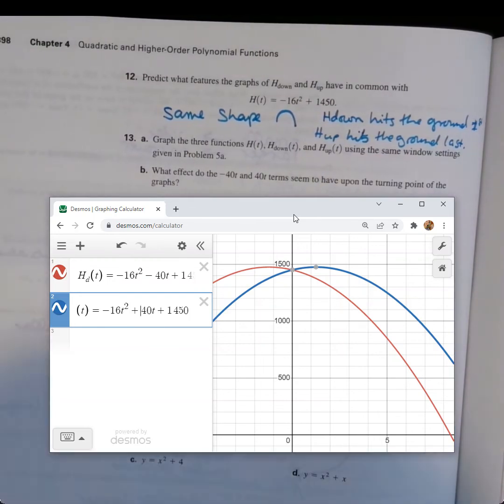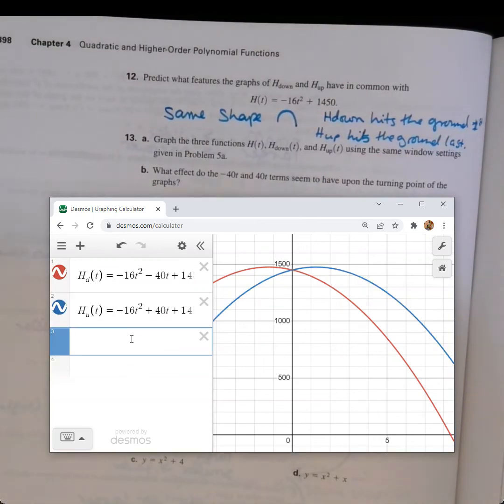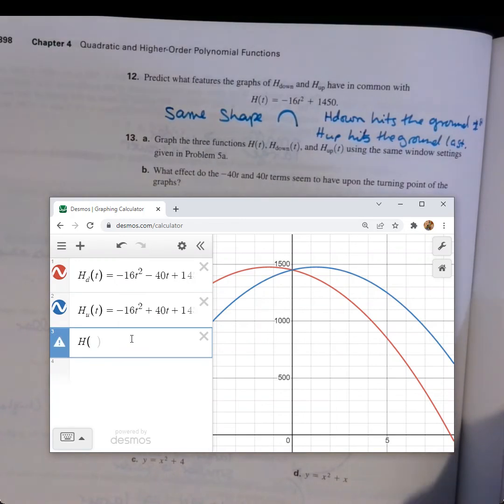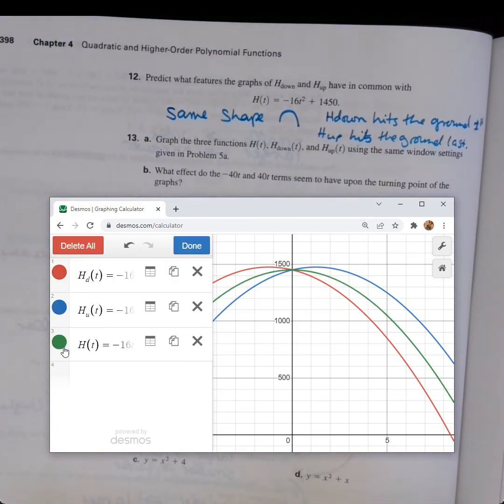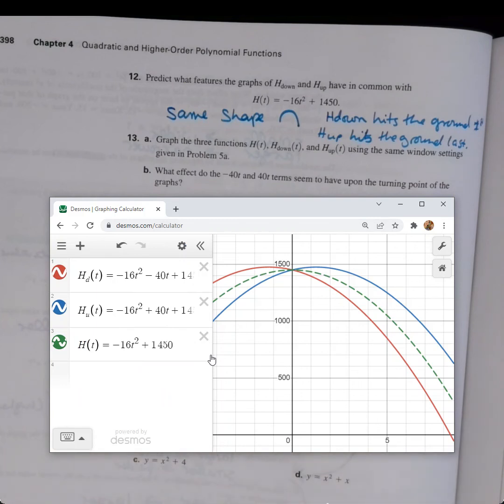Okay, now graph all three. So I need to graph my h of x function, my regular h of t function as well. Okay, I'm going to dash this one just to make them easier to distinguish.